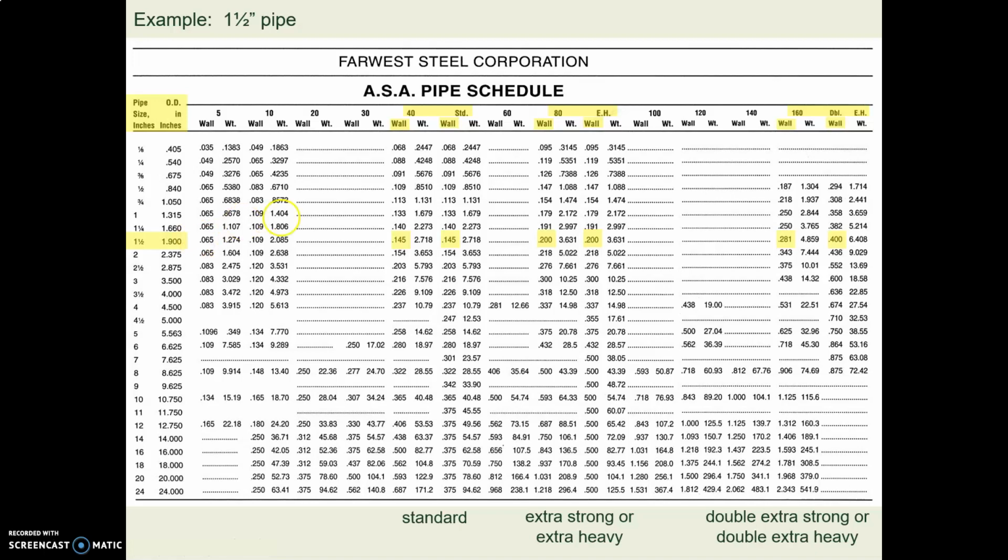Now let's go look at the wall thickness. This column here is wall thickness for Schedule 40. This column here is wall thickness for standard, and you'll notice the wall thickness is the same in those two systems.